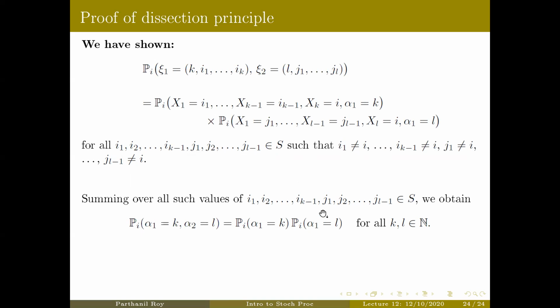If you do that, then the first quantity here, you are going to sum over all these values and all these values. So you'll get the marginal of alpha 1 and alpha 2.